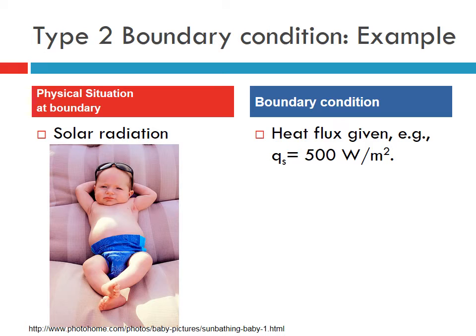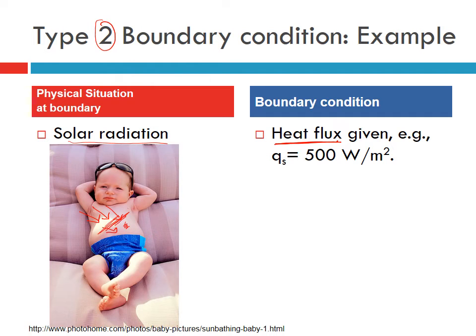Then we come to type 2 boundary condition. A physical situation could be solar radiation. Type 2 boundary condition means the solar radiation is constantly coming to the surface. It doesn't matter how hot the surface gets. So here the heat flux is given.